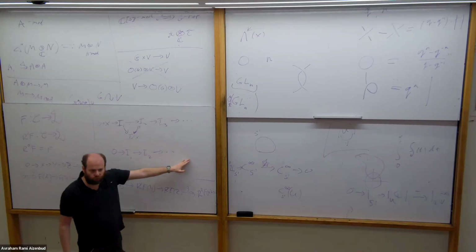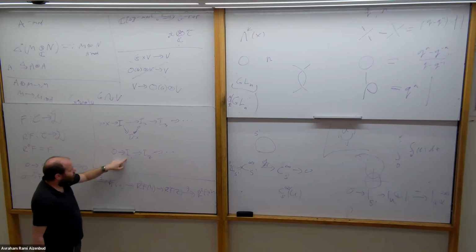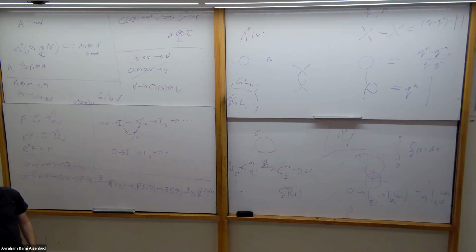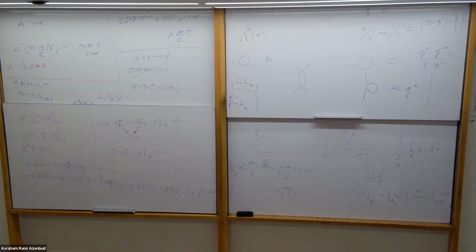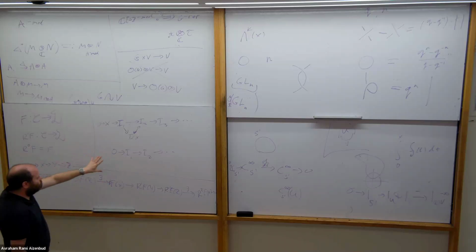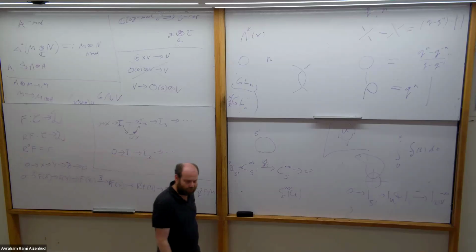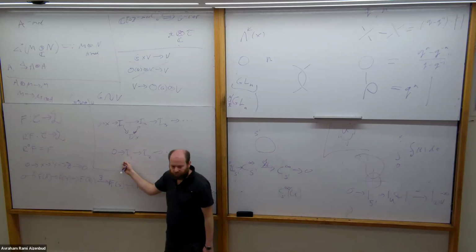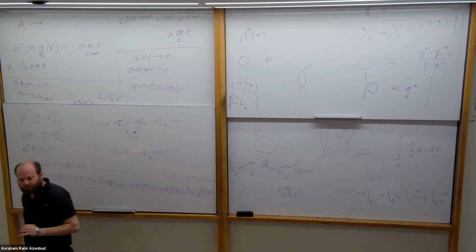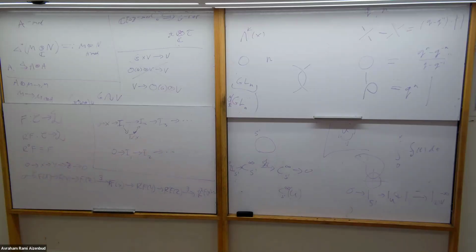So here all the cohomologies will be 0, and here the cohomology is going to be X, because it's going to be X modulo 0. And this is called a resolution. So if you have a nice complex with nice objects, and all the cohomology is 0 except for the first one, which is your object, then we say that this complex resolves your X.